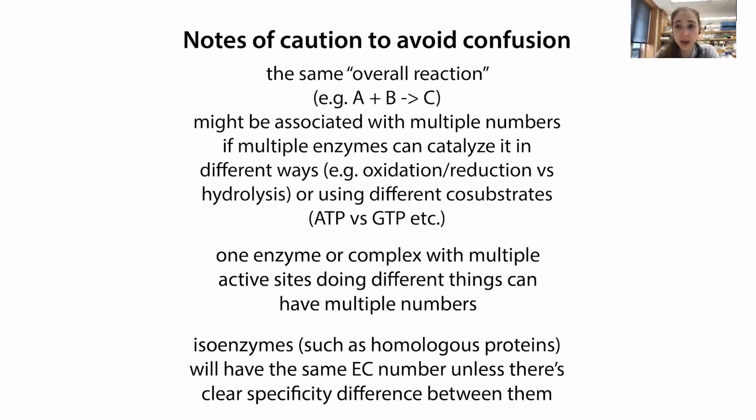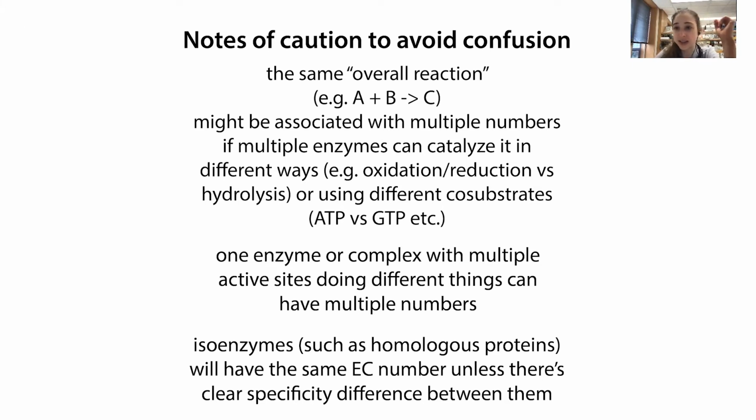When we're talking about these EC numbers, it can get kind of confusing because we need to change our mindset as to what these numbers are representing. So we could have the same overall reaction, A plus B goes to C, happen in different ways. You can have a DNA ligase, say, which stitches together DNA.